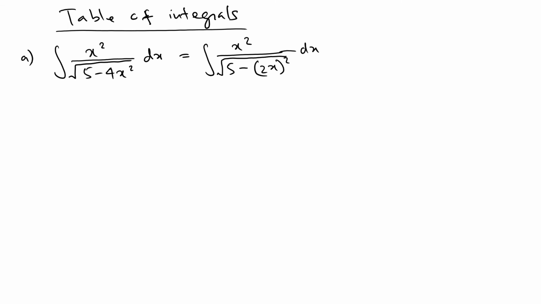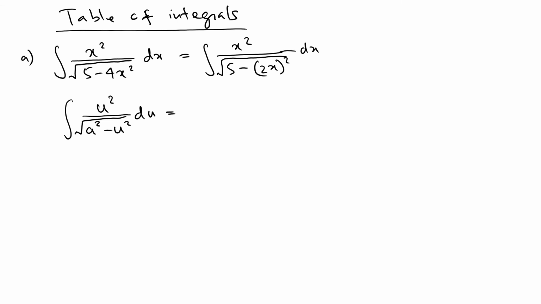For example, if you look at the textbook, you can find a formula like this. There's a formula for the integral of u squared over the square root of a squared minus u squared, du.